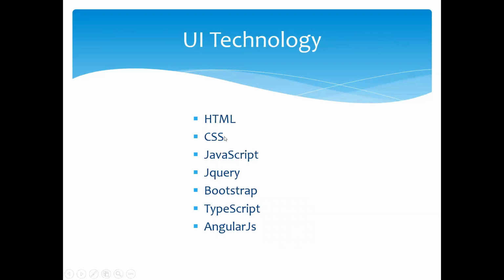Only HTML may not look good, but if you add CSS with HTML, the whole application will look good. So together we can design a web page using HTML and CSS. That will be termed a static web page. Static web page means whenever you create one web page, even if you refresh it today, the web page looks like this.